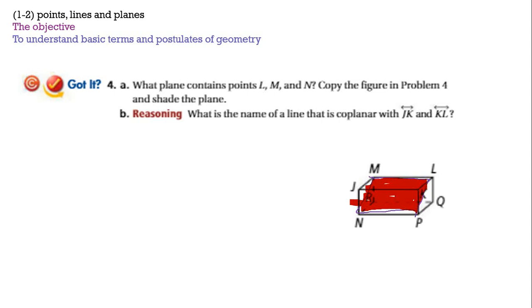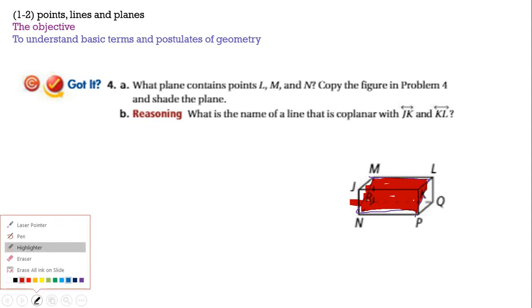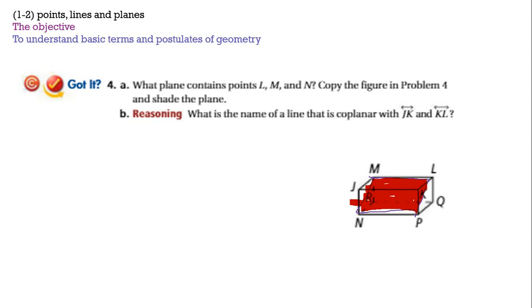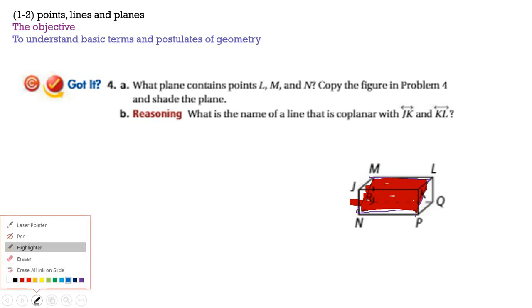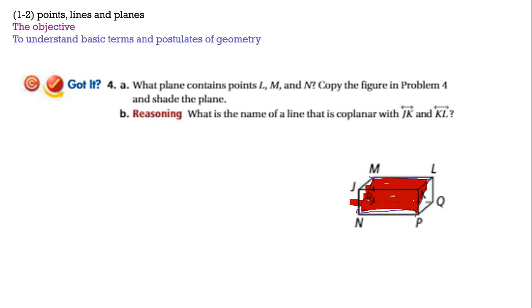Now, what is the name of a line that is coplanar with JK? Let's see, where is JK? I'm going to change the pen first. JK is this line.